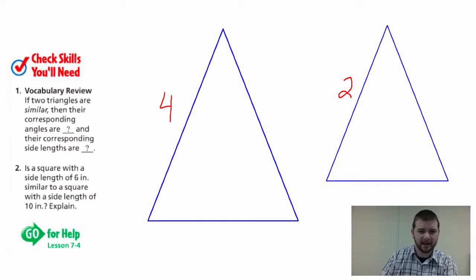If this side length on the left triangle is 4 units and the side length corresponding to it on the right-hand triangle is 2 units long, you know intuitively that if this side length were 2 units long, this side length is also going to be half of 2, 1 unit long. And if you recall, the word for that is proportional.